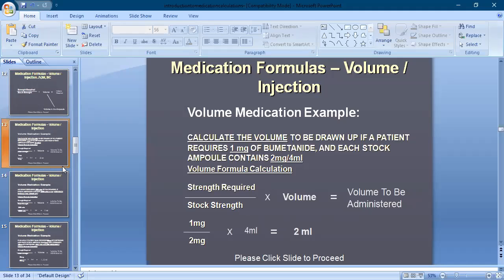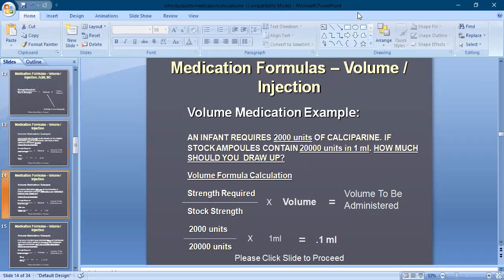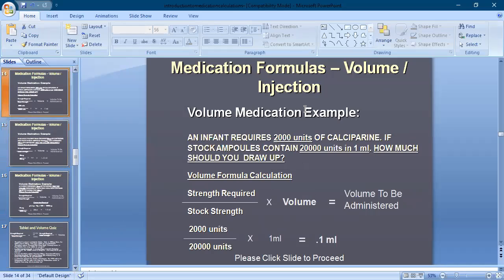That is the volume formula I mentioned. Next, another example showing here. An infant requires 2000 units of calcitriol, and the stock ampoule contains 20,000 units in 1 ml. 1 ml is the volume.